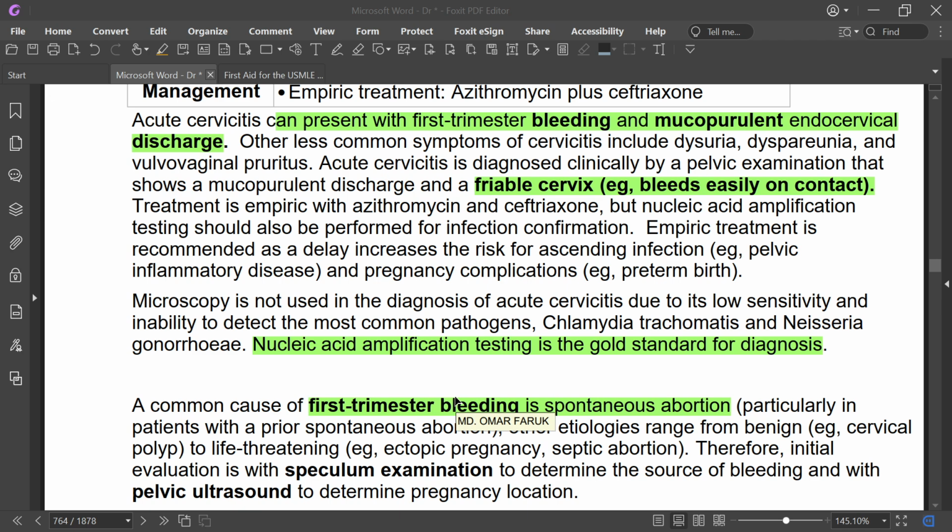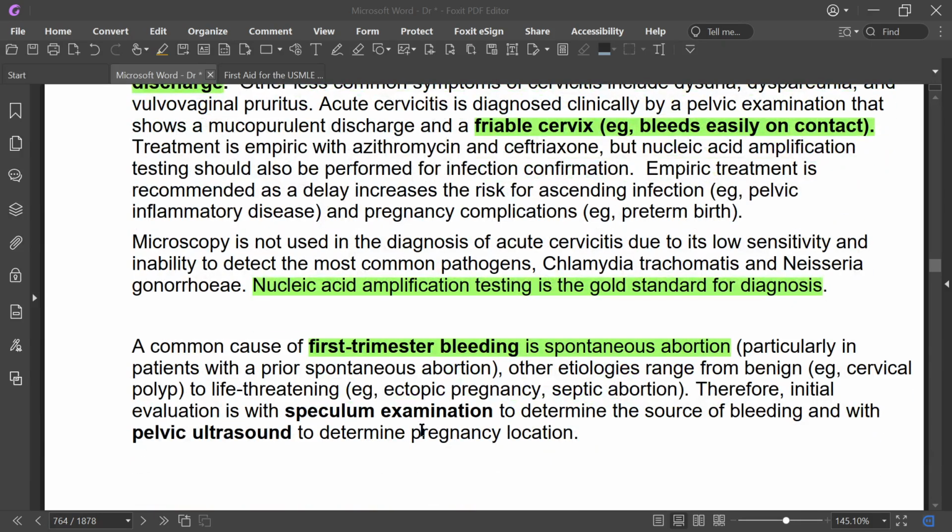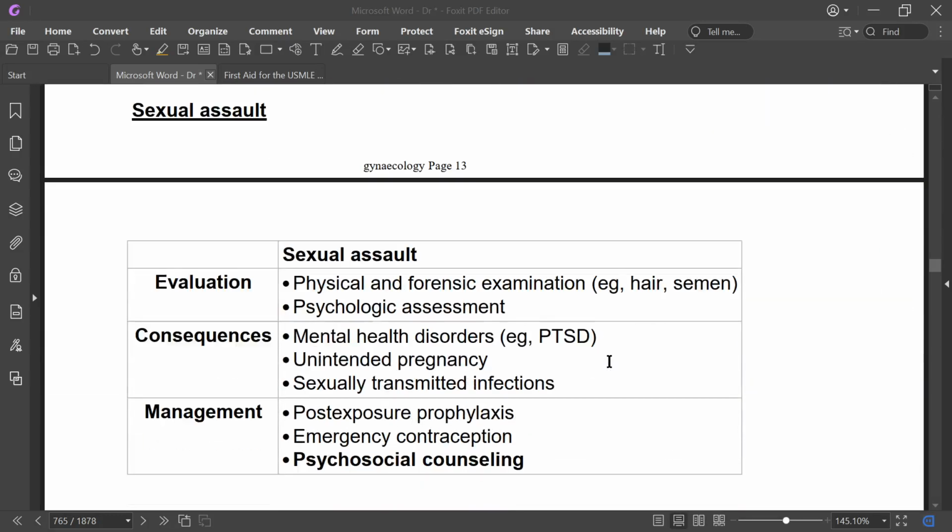Therefore, initial evaluation is with speculum examination to determine the source of bleeding, and with pelvic ultrasonogram to determine the pregnancy location. This is very, very important.